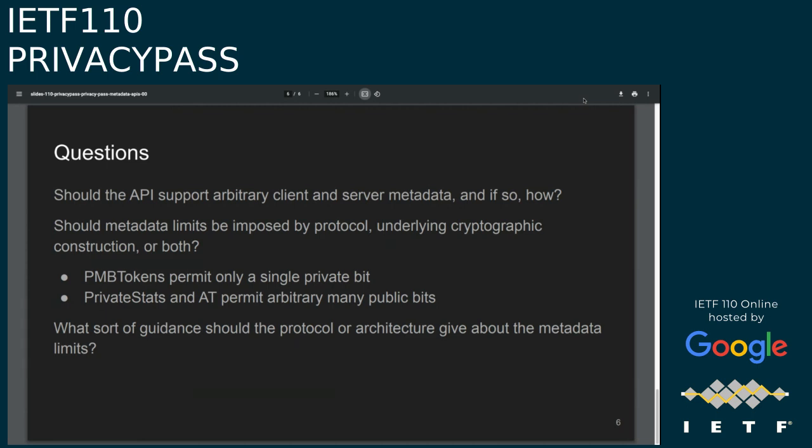I believe it's in the charter to support metadata, but I'd have to double check. Chairs, do you know offhand? Yes, metadata is covered in the charter. The line is describing the procedure for including small amounts of metadata with issued tokens.